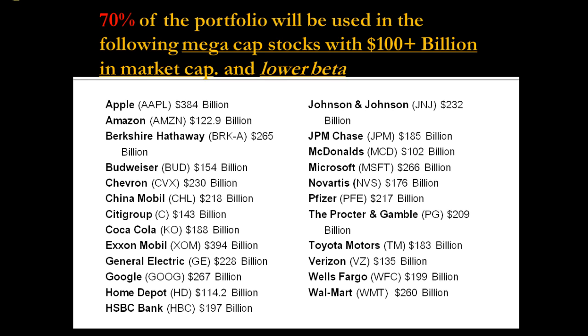So you would have a lower risk, less volatile company such as Apple, Amazon, Berkshire, Budweiser, Pfizer, Novartis, Coca-Cola, and so forth. The majority of these are in the Dow Jones, and you're already familiar. So 70% of the portfolio would be allocated in this arena of the mega caps, right?